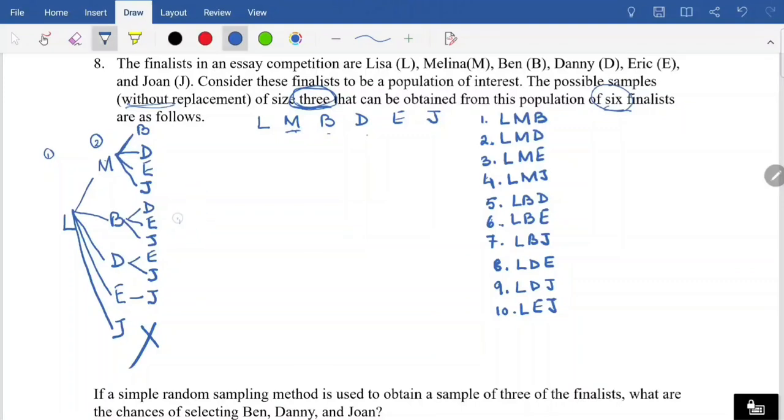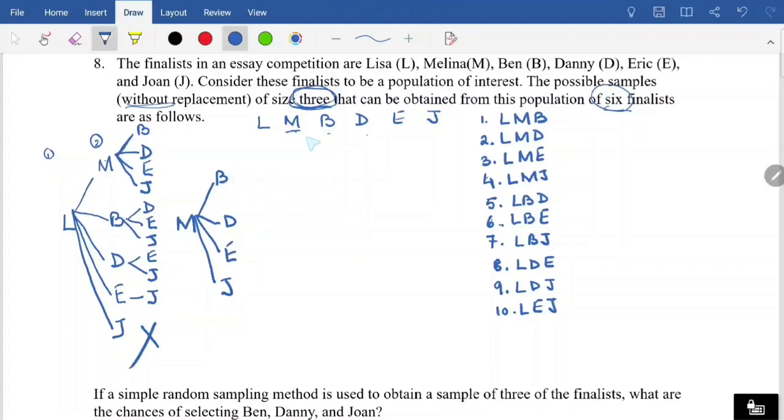So I'm going to start here with M, and then from M, in the second row, we can either get a B or D or E or J, correct?